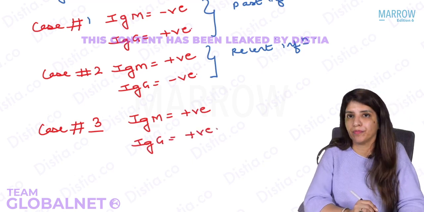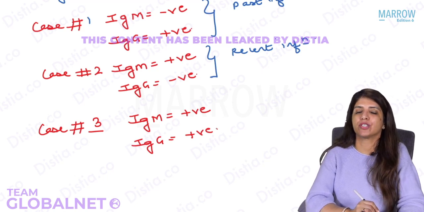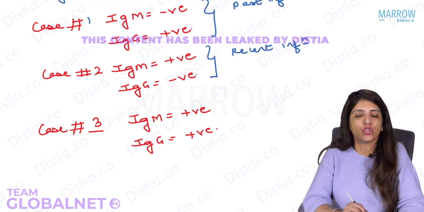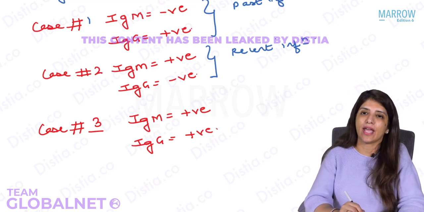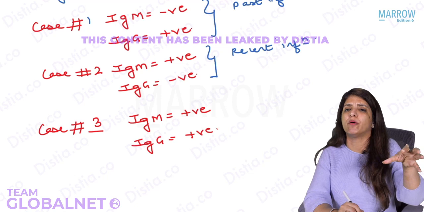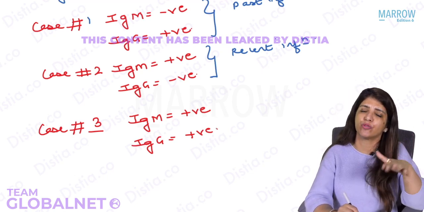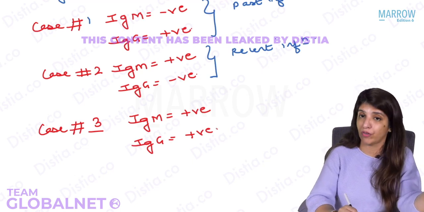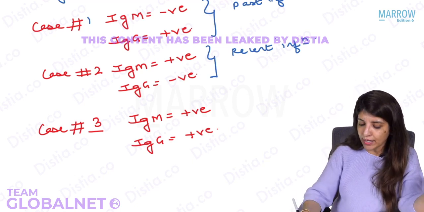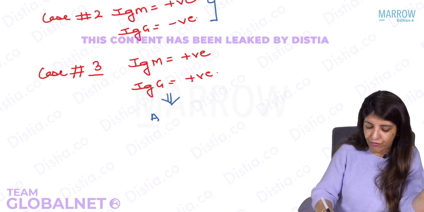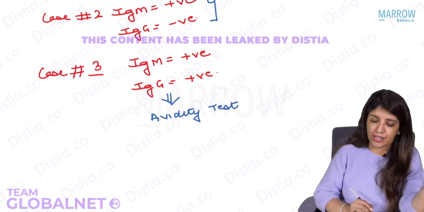Now what? If IgM is also positive and IgG is also positive, what am I going to do? It could be that this IgM is continuing from a previous infection. So in this case comes the importance of doing the avidity test.